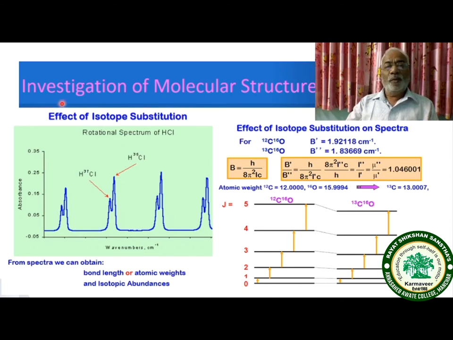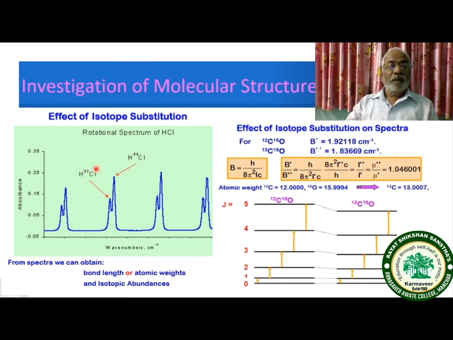Here you will find the rotational spectra of HCl, but this higher intensity peak is that for H35Cl, and the lower intensity peak is that for H37Cl. These are the two isotopes of chlorine, 35 and 37.